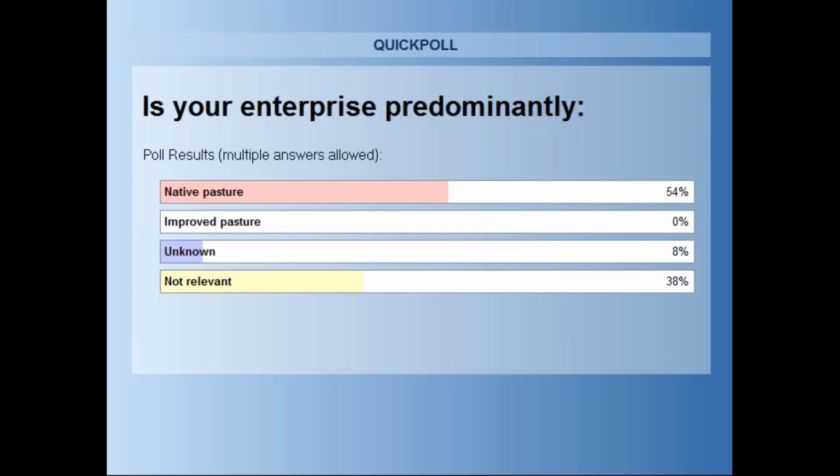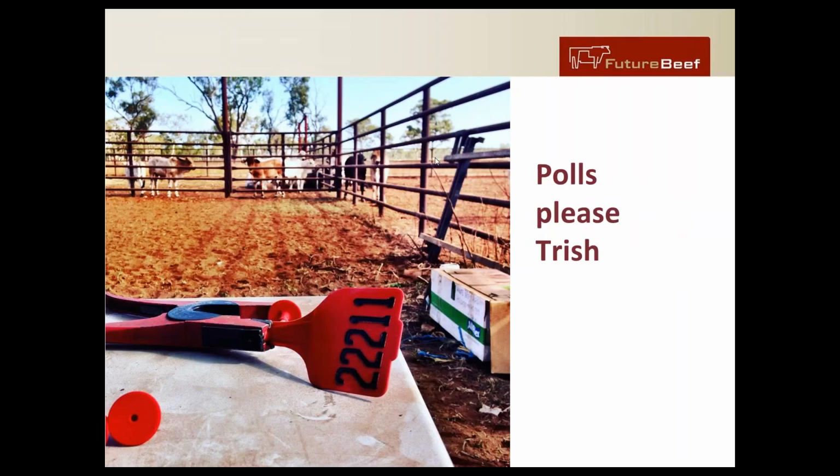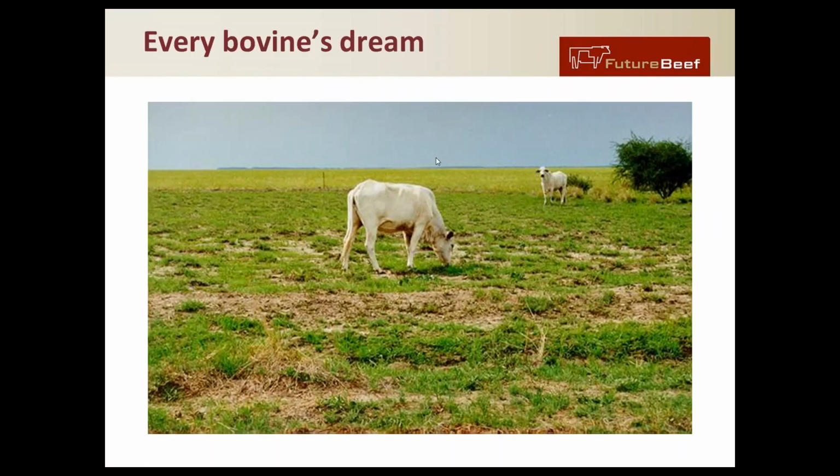And so mostly we're dealing with native pasture species, Jode, with 54% responding with that. No one with improved pasture, one unknown, and a few not relevant. Yeah, cool. Thanks, Trish. Thanks, everyone. That just gives me a bit of an idea of where it is that we're all coming from and how you might think about these types of pastures.